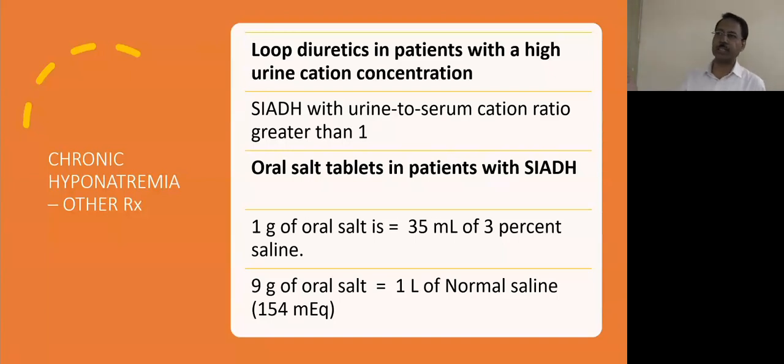The second part is management of the underlying condition. If the patient is on a thiazide diuretic and needs it, for heart failure and so on, you have to decide what other options you can give there.